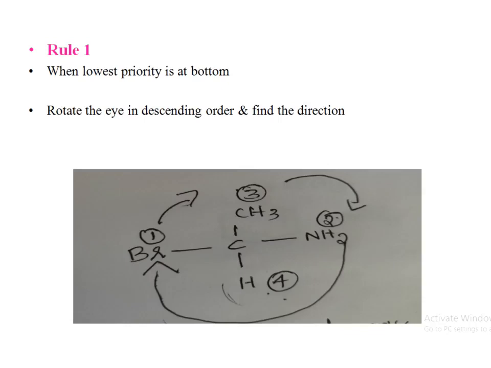In step 3 there are certain rules, and the first rule is this. We have already said that hydrogen has the least priority, so we rotate in descending order. CH3 has the third position, so 3, 2, 1, and we find the direction, whether clockwise or anti-clockwise, and then decide the configuration.